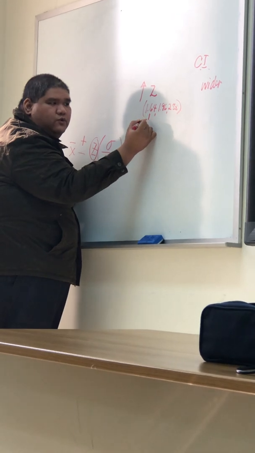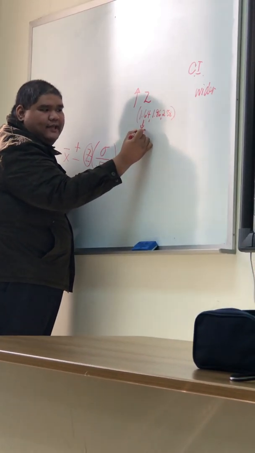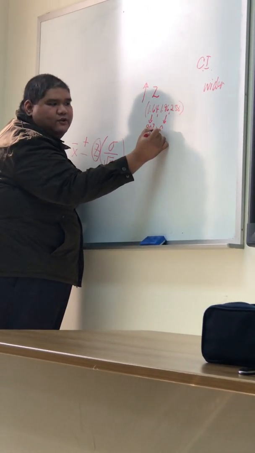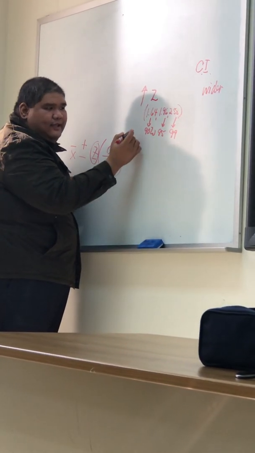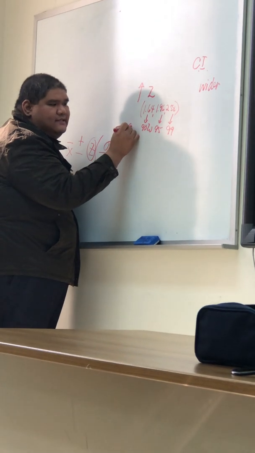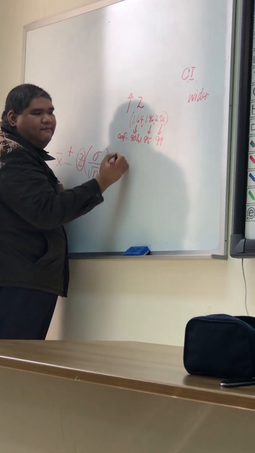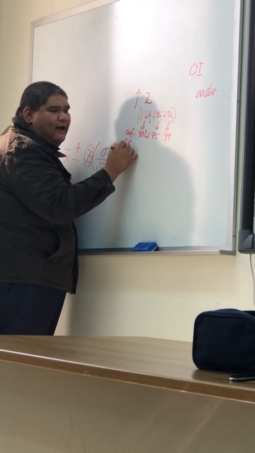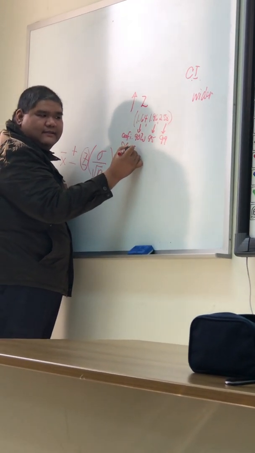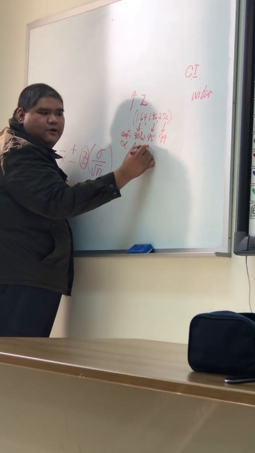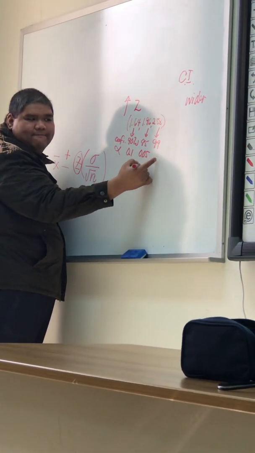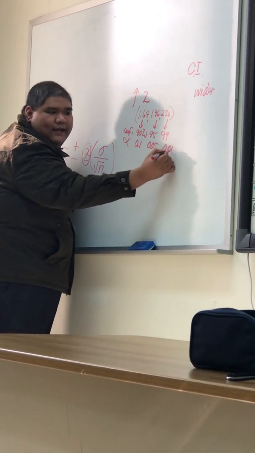this is equal to 90%, this is equal to 95, this is equal to 99. This is confidence coefficient, right? But what about alpha? This is 0.1, 0.05, 0.01.